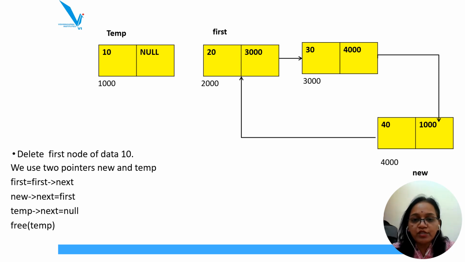First is equal to first of next मैंने कर लिया था, right? First का pointer मैंने आगे कर लिया था, second node को first point कर रहा था, then new of next मैंने first बोला, right? तो ये link establish हो गया, and after that I have said temp of next is equal to null. So when I say temp of next is equal to null, the 10th वाला node जो है, it will have no contact with the first, and then you can free the temp or you can delete the temp.